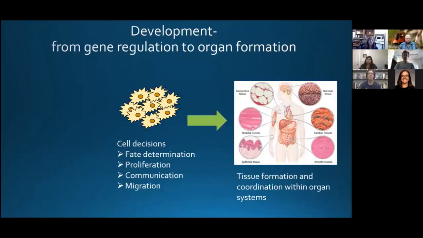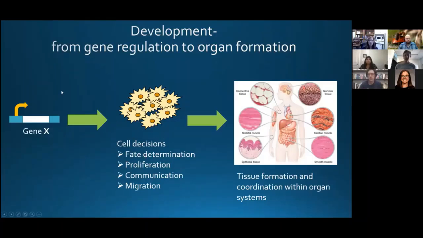But if we kind of dive deeper beyond the cell decisions, we see that all of those decisions are driven by gene expression. So a particular gene X is going to give the instructions to the cell to carry out these different cell decisions.